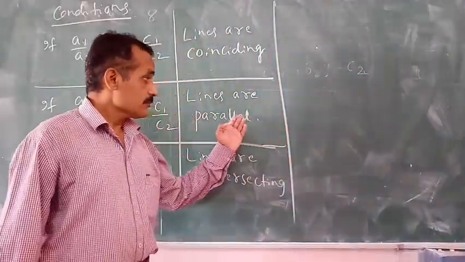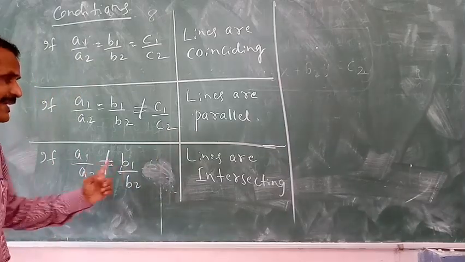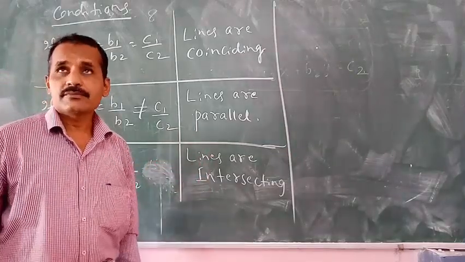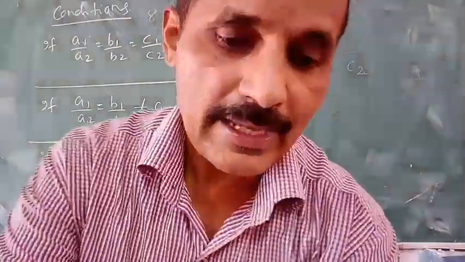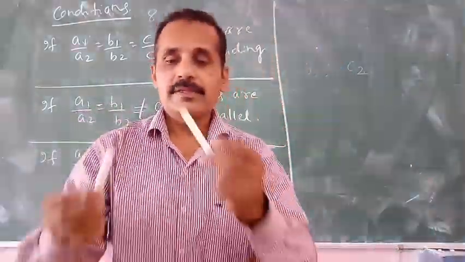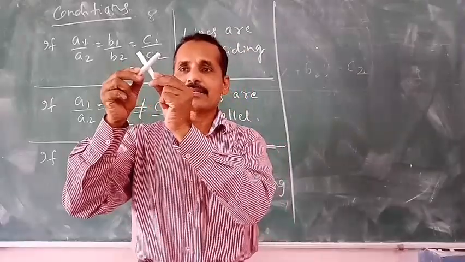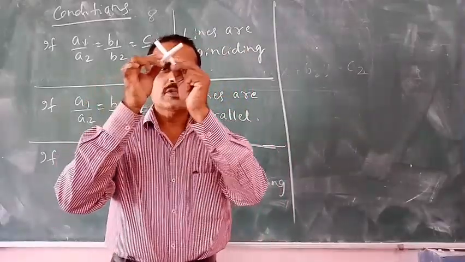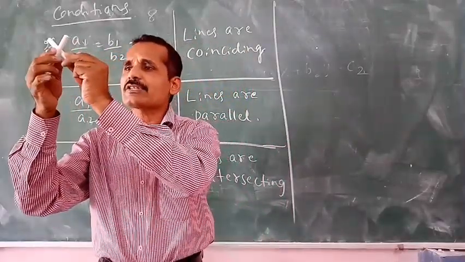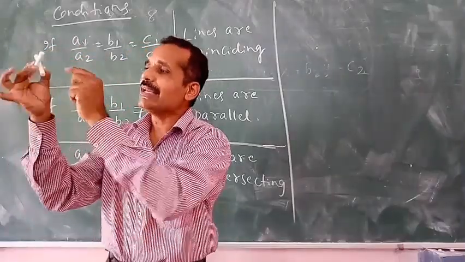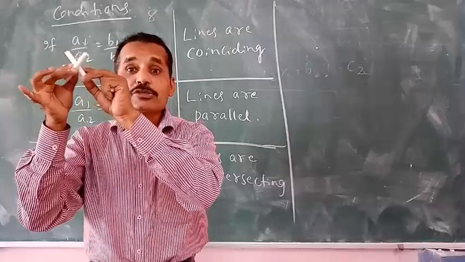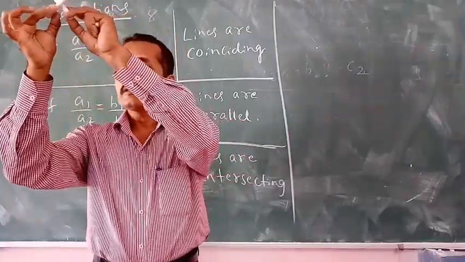Now, when we say the lines are intersecting, somewhere the two lines must intersect. The point where the lines intersect is called a common solution for both the lines.